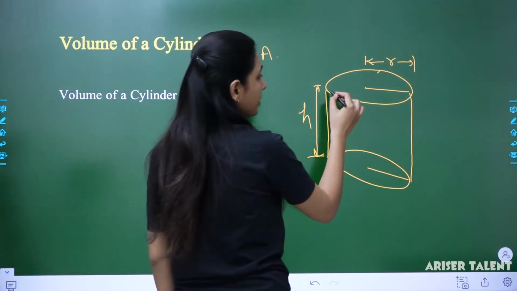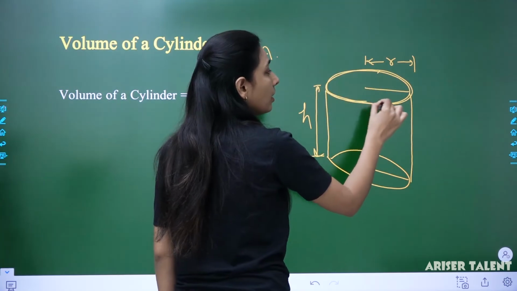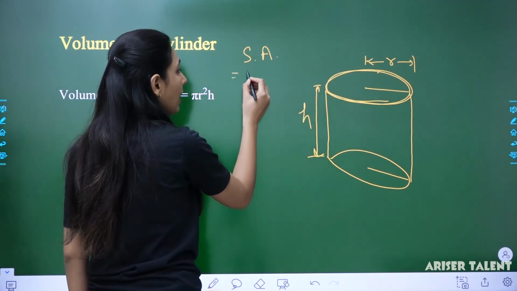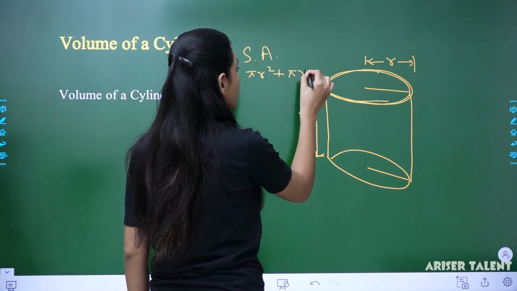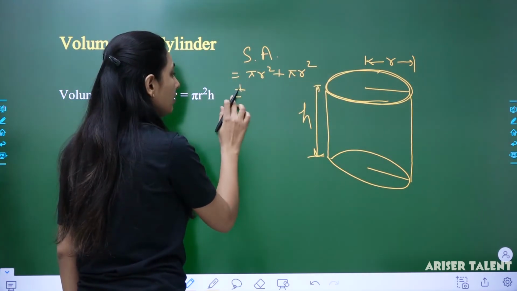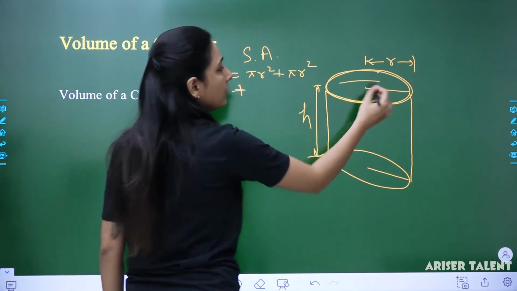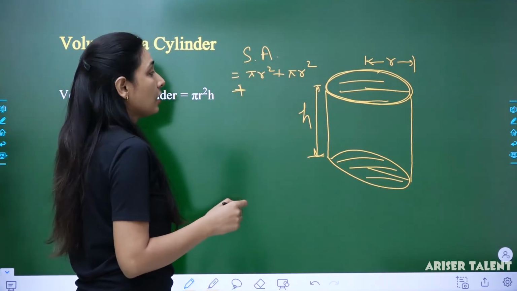So this was pi r square here, plus this pi r square. I'm talking about the surface area this time only.